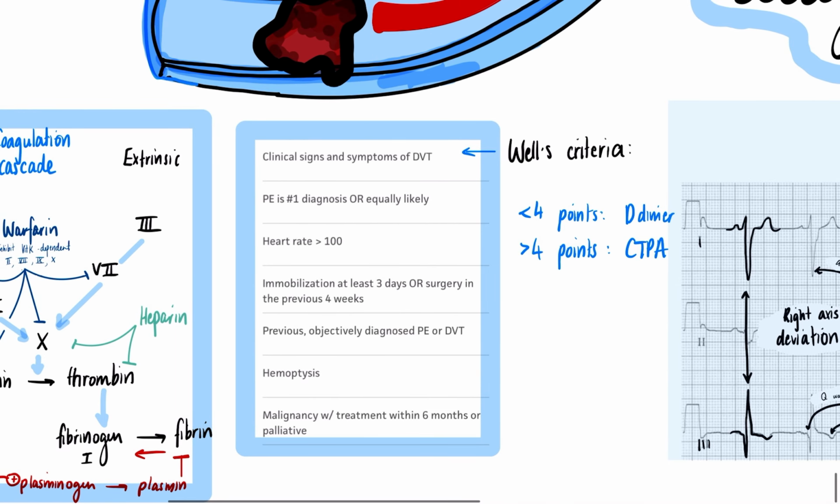Okay, now in terms of what tests to run based on a person's risk factors, something that's really useful is what's called the Wells criteria. So basically, a patient comes in, you think they've got a PE, or a pulmonary embolism. You can basically tally up how likely they are to have this before you perform the invasive CT pulmonary angiogram on them.